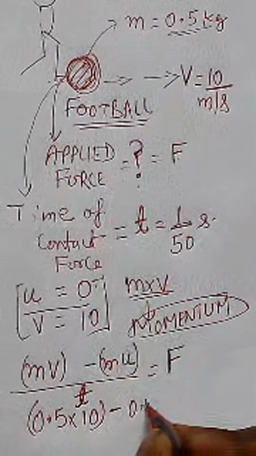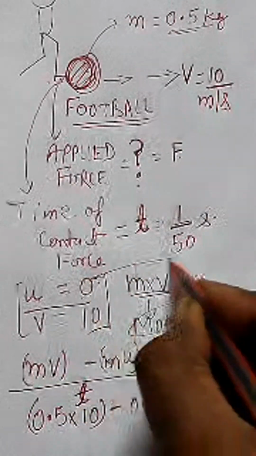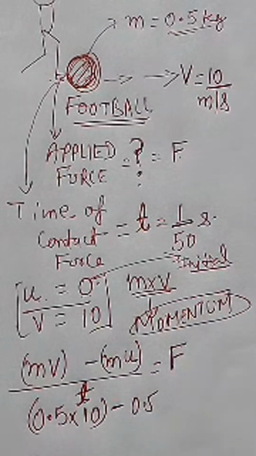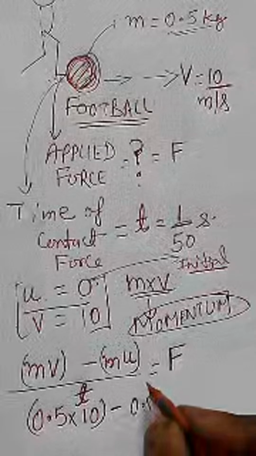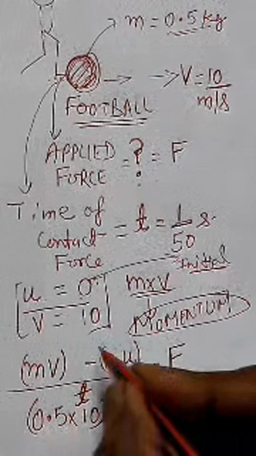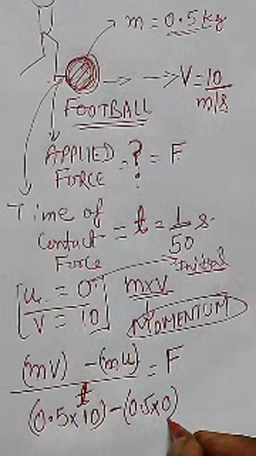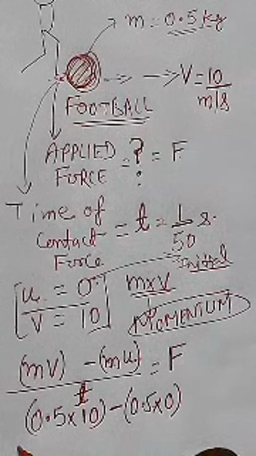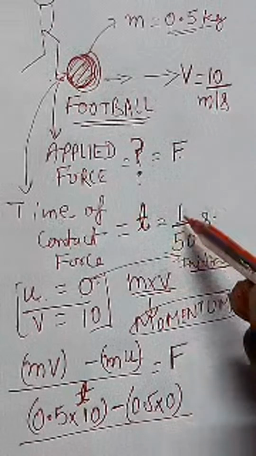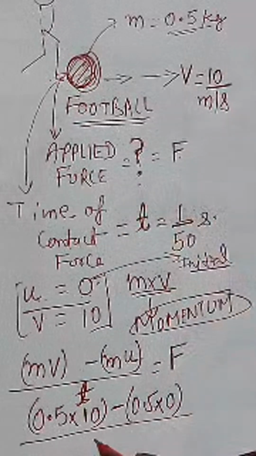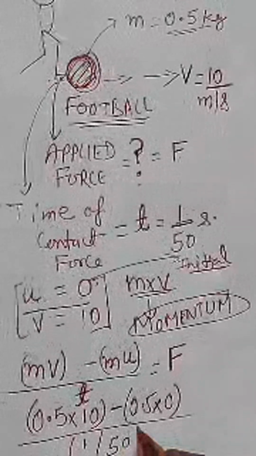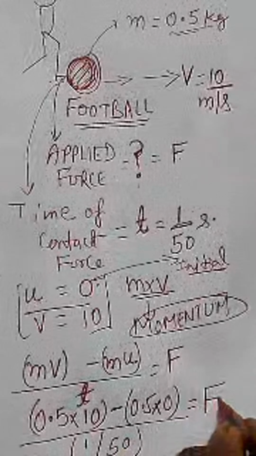M will be 0.5 but u will be 0 because this is the initial velocity, so 0.5 into 0. Divided by the time. What is the time? Time is 1/50th of a second, so write 1 by 50. And solve it to get the value of force.